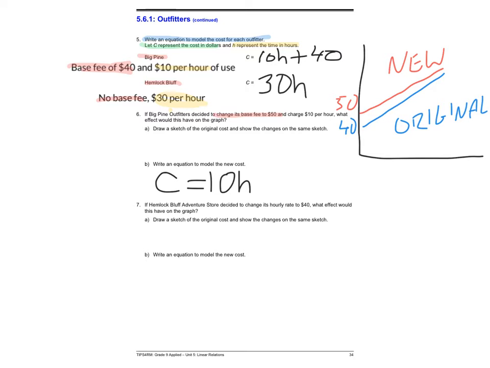So, we are going to add $50. Notice the change. Before, we added 40. Now, we add 50 because the initial value was changed from $40 to $50.